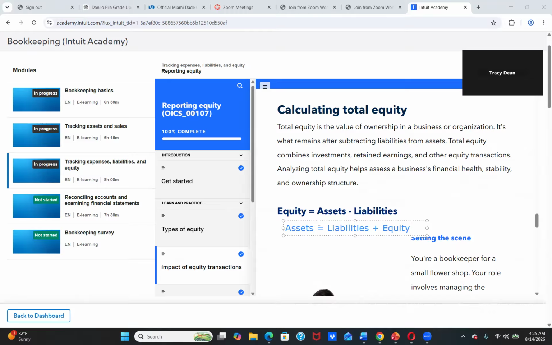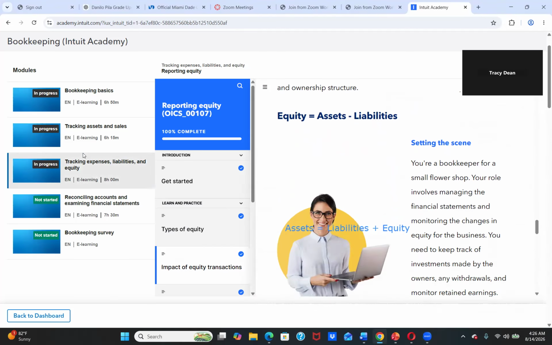So now all we're calculating is for the word equity. Everybody see that? You're calculating for the word equity. So equity would be what? Assets minus liabilities.